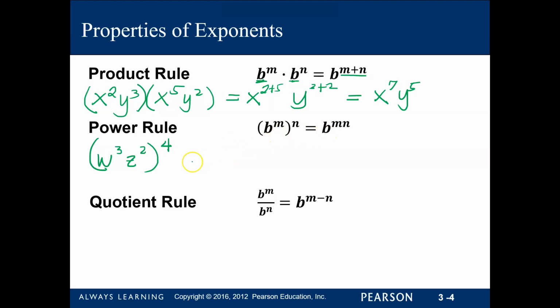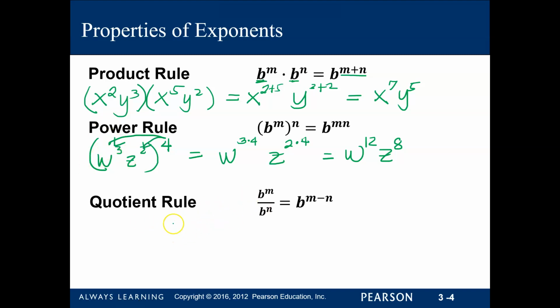All of these variables will be raised to the fourth power. So we can split this up as w raised to the 3 times 4, and z will also have its exponent 2 multiplied by 4. When we work this out, it ends up being w to the 12th power and z to the 8th power. So the outer exponent gets multiplied with each of the exponents inside.